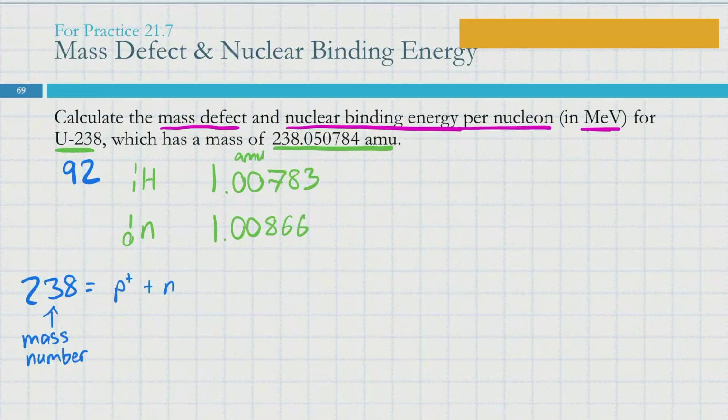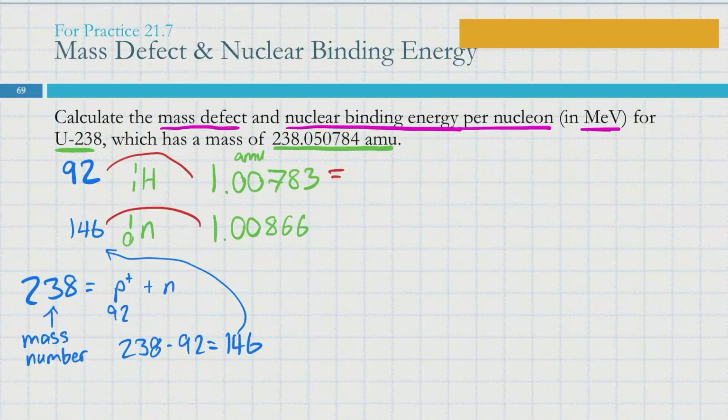We know the number of protons is 92, so we can figure out the number of neutrons. 238 minus 92 will give us the number of neutrons, which is 146. So we've got 92 protons, 146 neutrons.